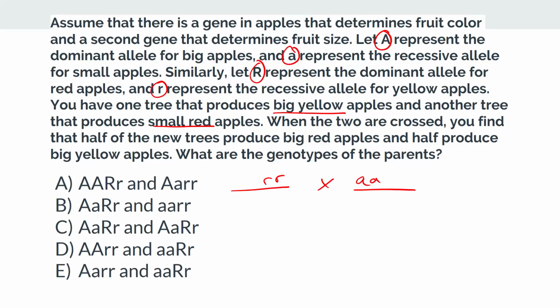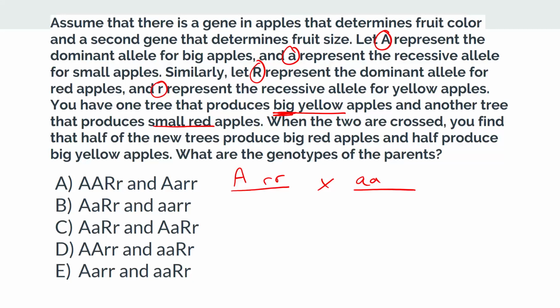What's at least some of the A on the first parent? Capital. Has to have at least one big A, right? Now I'll make it easy. We don't know little or big A yet. We'll figure that out in a minute here. So let's leave it at that.